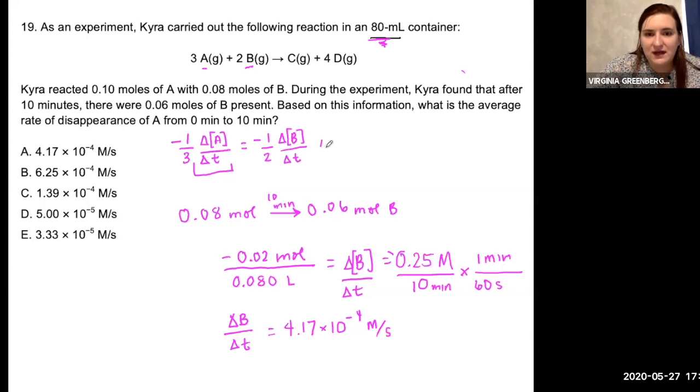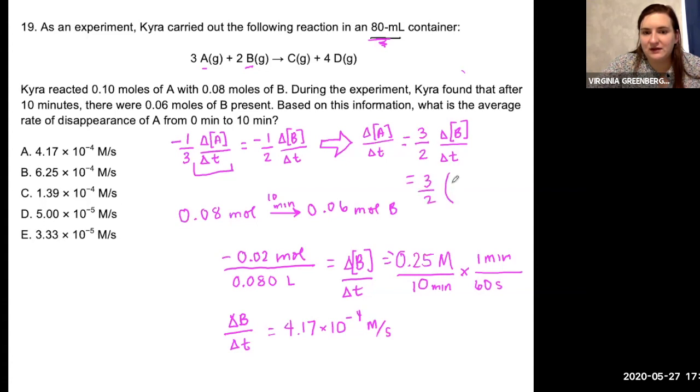So we can go ahead, simplify, rearrange, to say that delta A over delta T, which is what we're trying to find, is equal to 3/2, so I multiplied that 3 over 2, times delta B over delta T. So what we're going to have then is just 3/2 times this number I calculated.